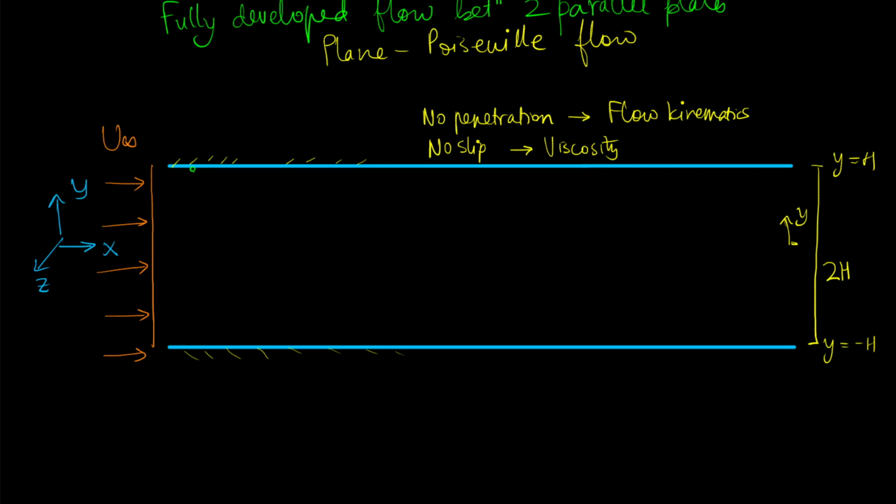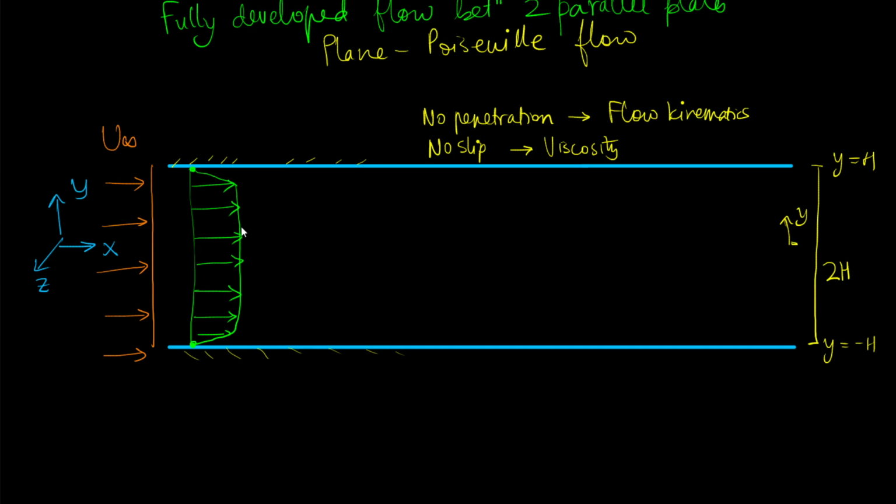So this velocity has gone to zero, this velocity has gone to zero, but the core of the fluid has not yet felt the influence of viscosity. So there is a basic question.